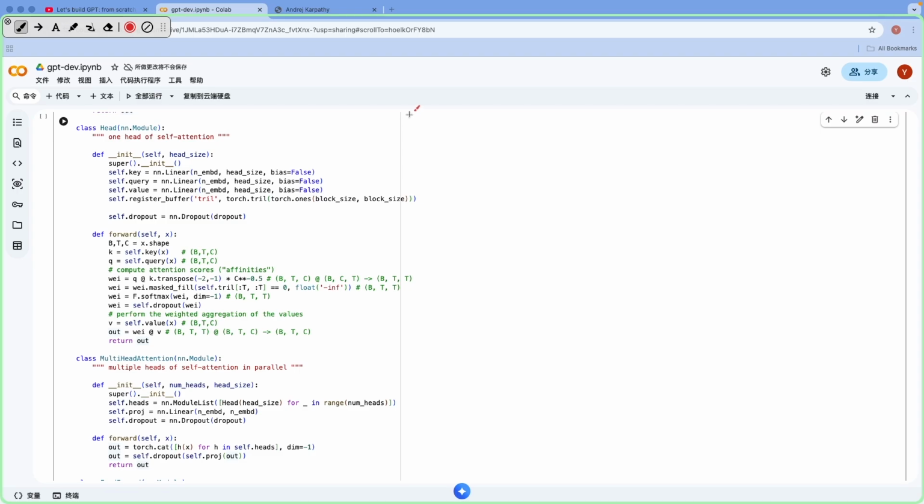Let's recall matrix multiplication first. Imagine we have a matrix A multiplied by B equal to C. We can examine the first column of matrix C. The first element of the first column of C is calculated by the first row of A multiplied by the first column of B. The second element is calculated by the second row of A and the first column of B. And the third is the third row of A and the first column of B. So we can see the first column of C is only relevant to the first column of B, together with the whole A matrix.